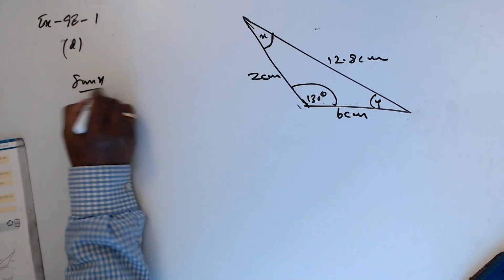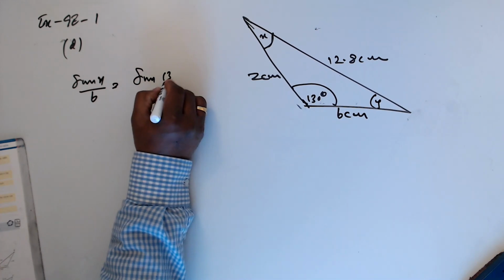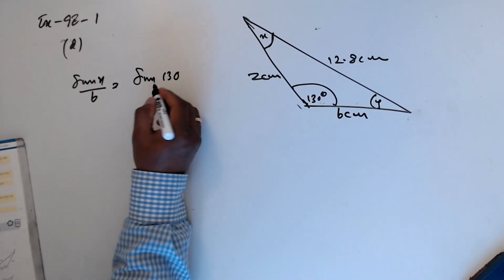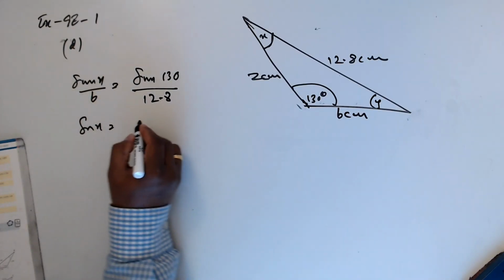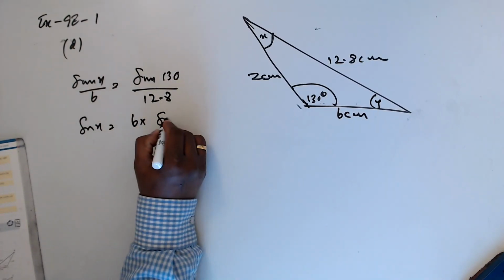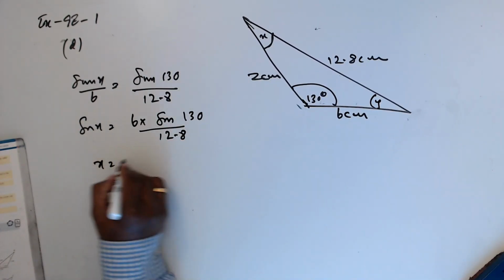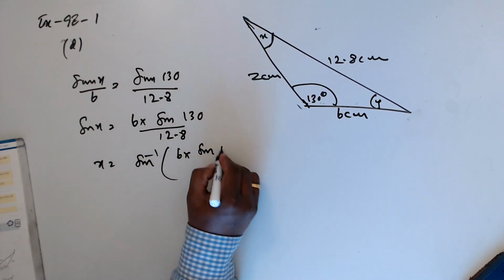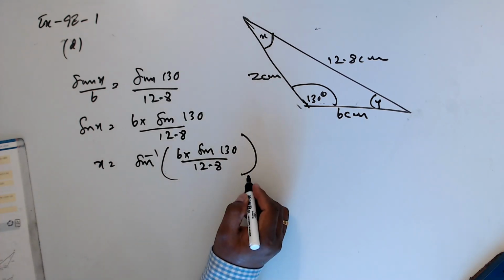Sine x over 6 equals sine 130 over 12.8. Sine x equals 6 times sine 130 over 12.8. x equals sine inverse of 6 times sine 130 over 12.8.